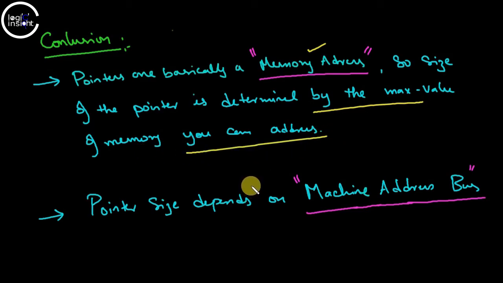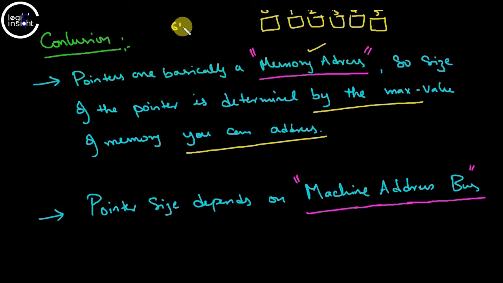What this means is, for example, if I have memory locations like 0 1 2 3 4 and 5, now I have 6 bytes of memory.